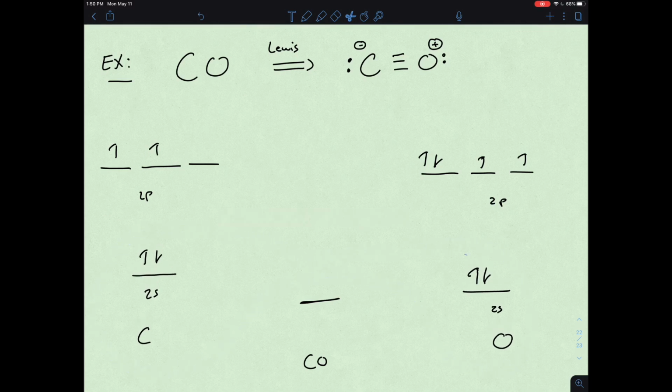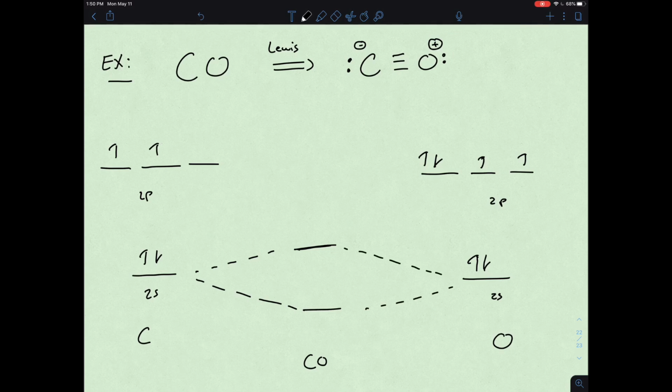So we have this lowering of energy, raising of energy. Again, there's our bonding and our anti-bonding set. So here's our sigma 2s. Here's our sigma star 2s.